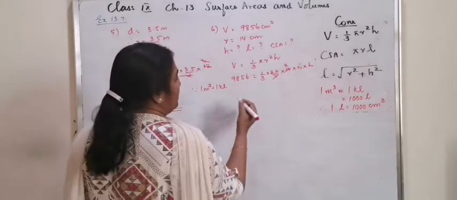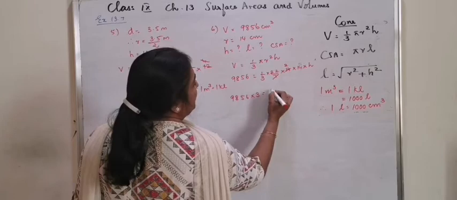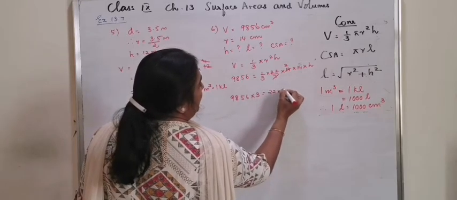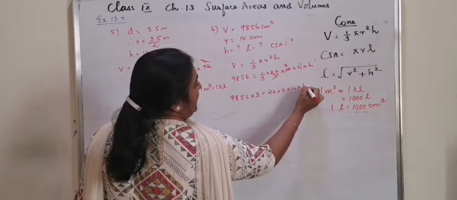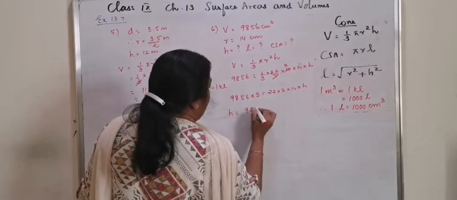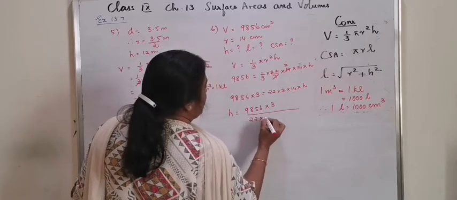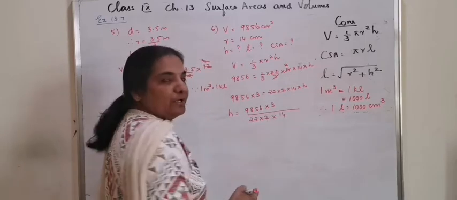The remaining we will cross multiply. 9,856 into 3 is equal to 22 into 2 into 14 into h, or h is equal to 9,856 into 3 divided by 22 into 2 into 14.